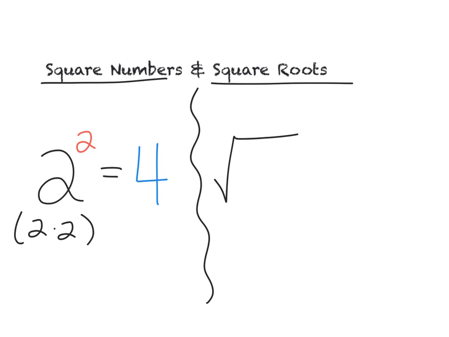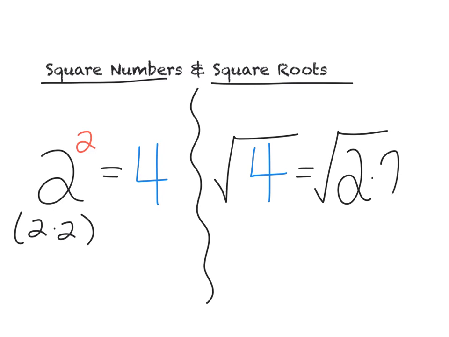Let's say I have the number 4 underneath the radical sign. I would call this the square root of 4. I know that the square root of 4 is the same thing as the square root of 2 times 2, so the square root is going to be 2.